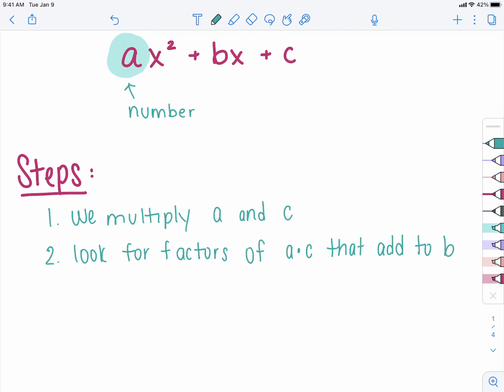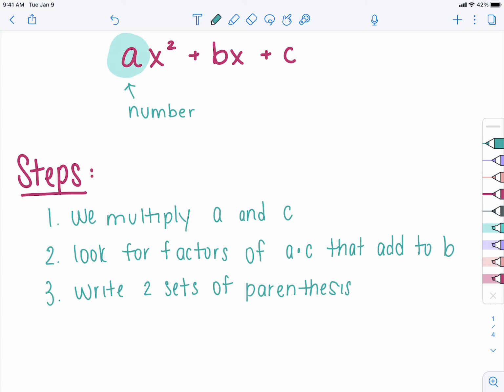So after we look for the factors and we find them, we're going to write our two sets of parentheses, just like we did last time.